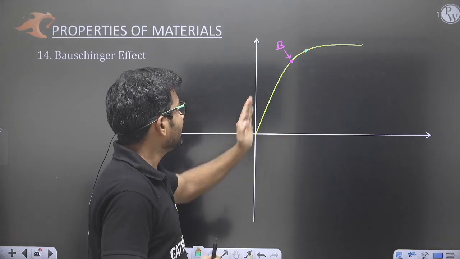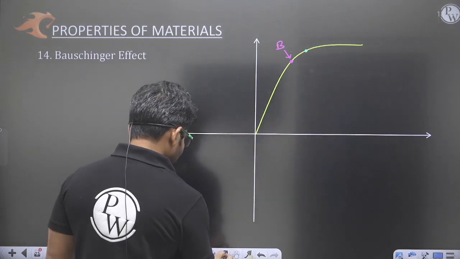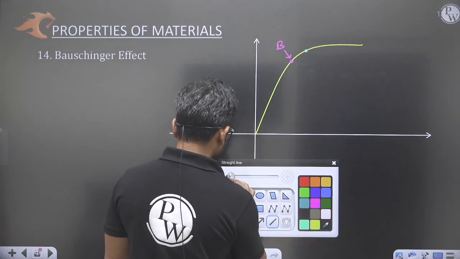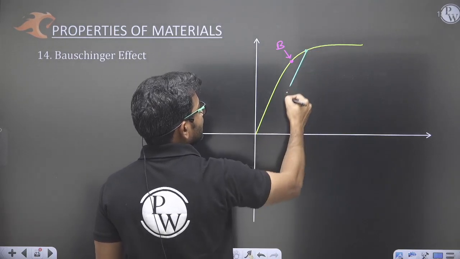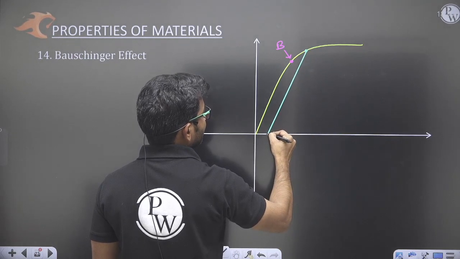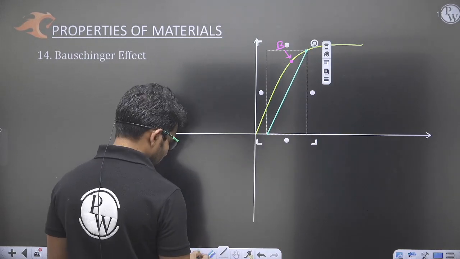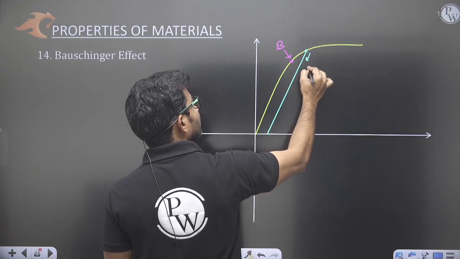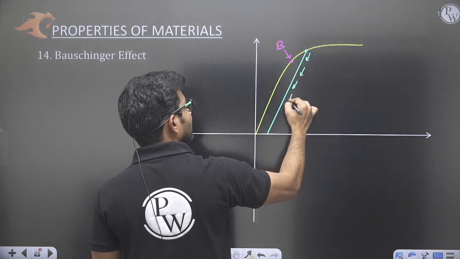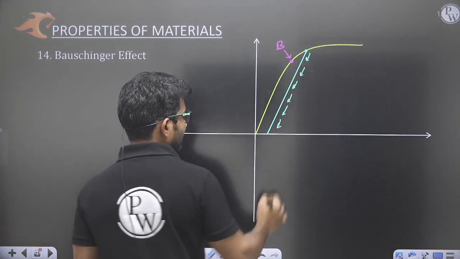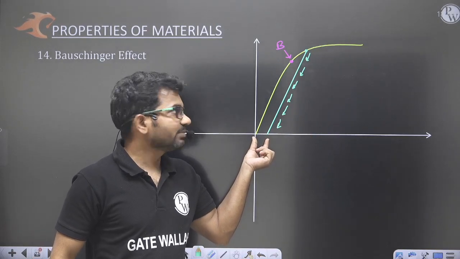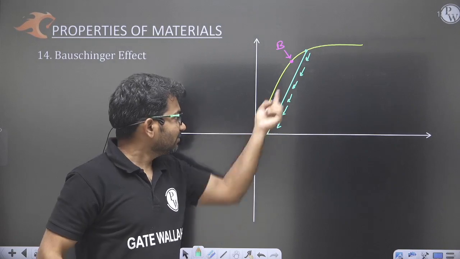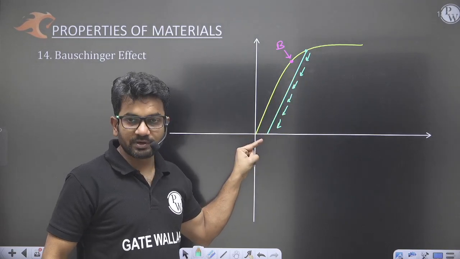But if I load beyond the elastic limit, the material will be loaded up to this point, and now the unloading curve will be different from the loading curve. There will be some permanent deformation. So this much deformation will be permanent deformation after unloading.